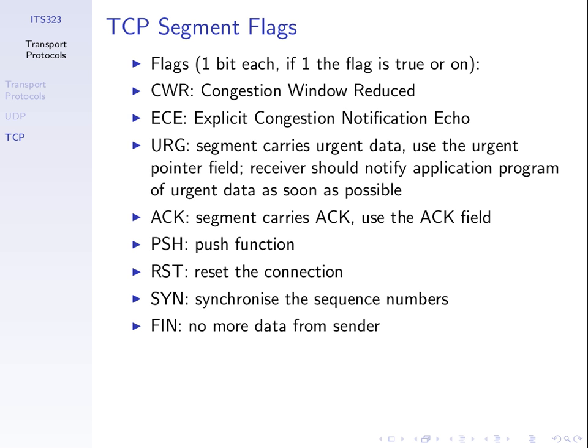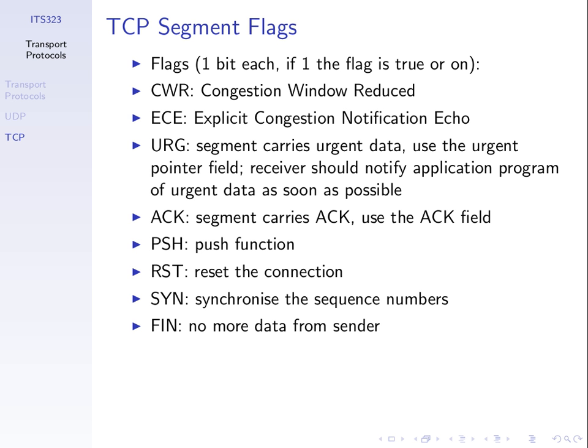So when you see flags, that's the idea. In TCP, there are multiple different flags. They are listed here. When they are on, that is when they have value binary 1, it means that feature in the segment is on.